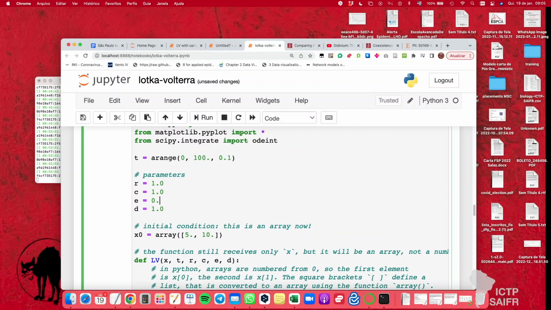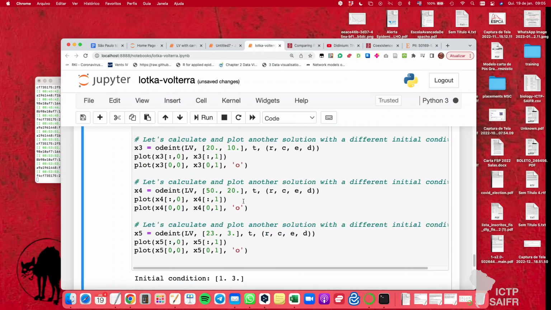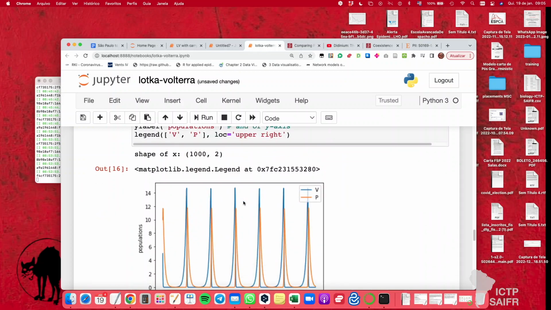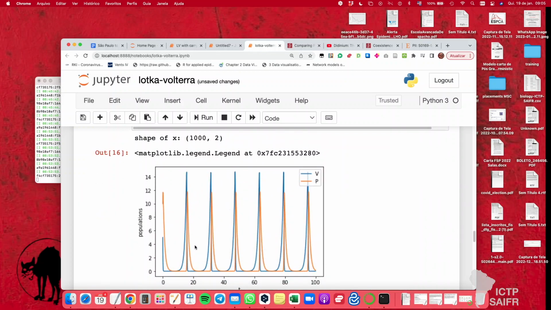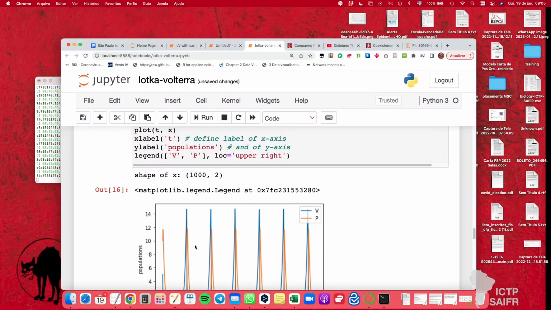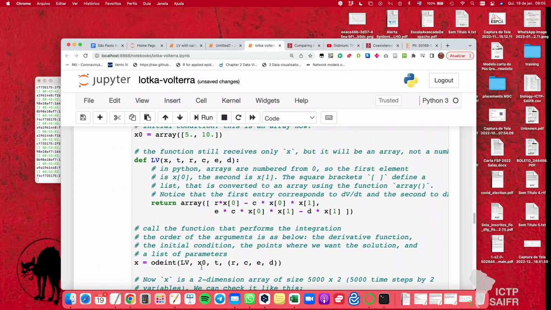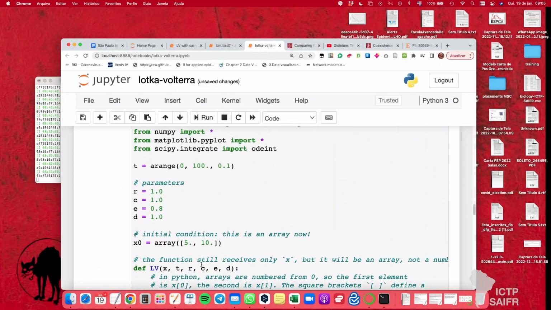is larger, then you will see that the prey and the predator oscillations have similar amplitudes. And it could also be that the efficiency is bigger than 1. Could it be, or not?